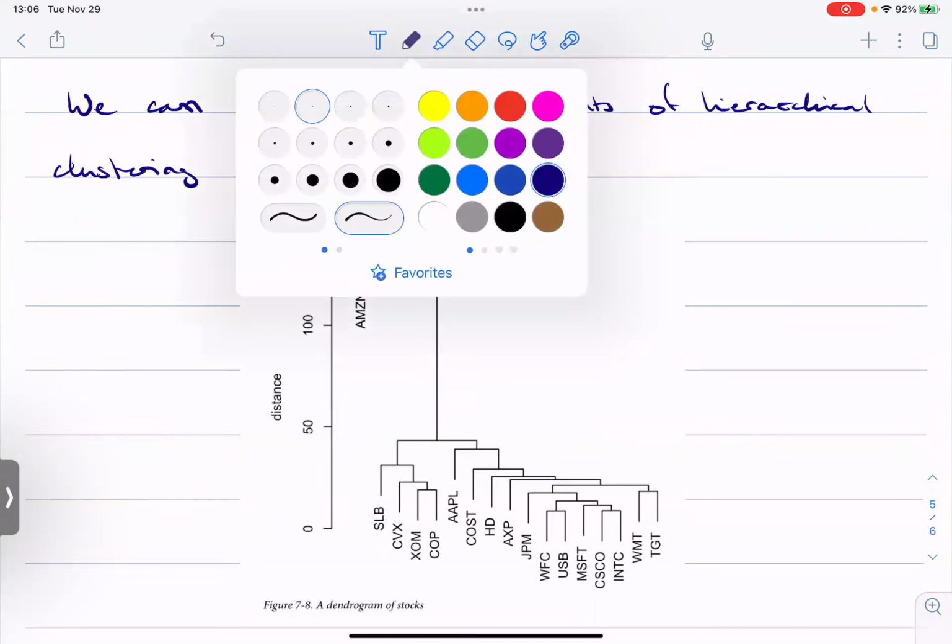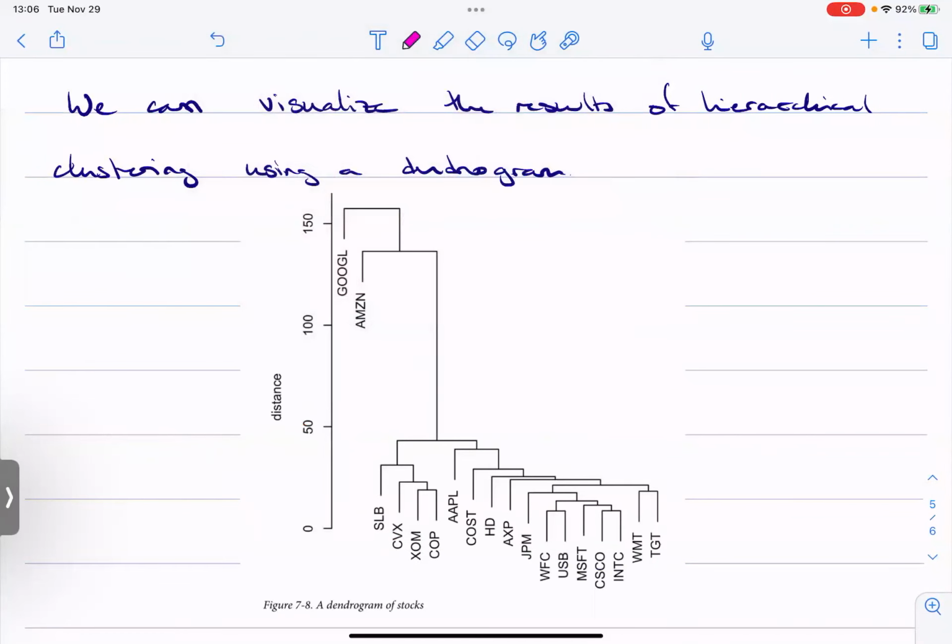Now, depending on where we draw our line, I could draw a line here, and that would create 2 clusters, right? Google would be its own cluster and everyone else would be in a separate cluster. Or I could draw a line here and Google would still be its own cluster.